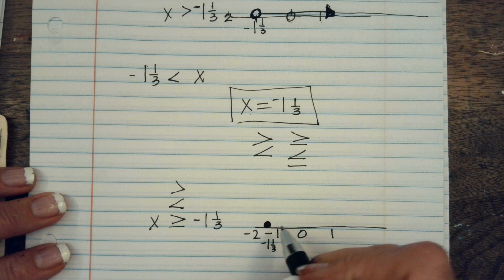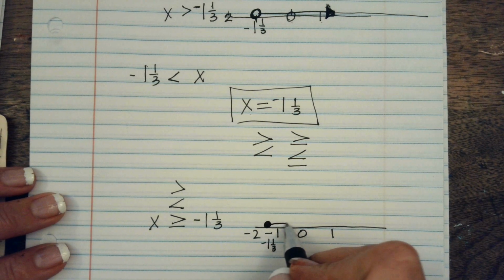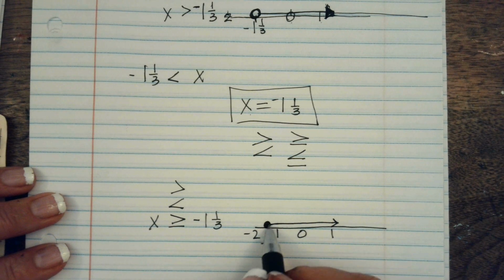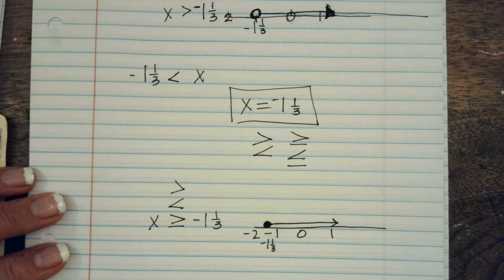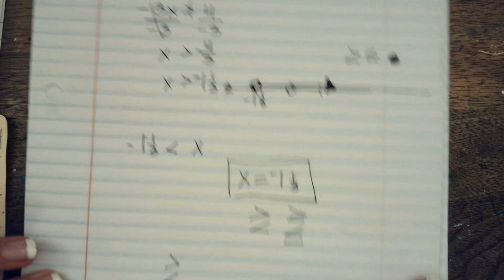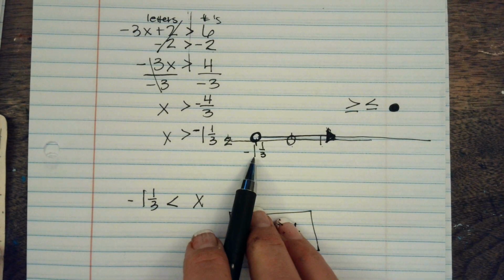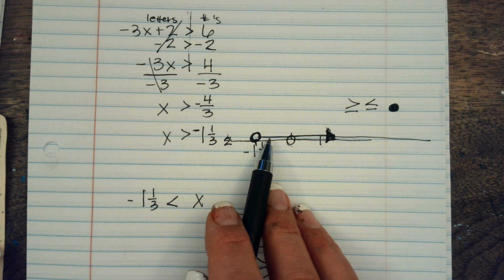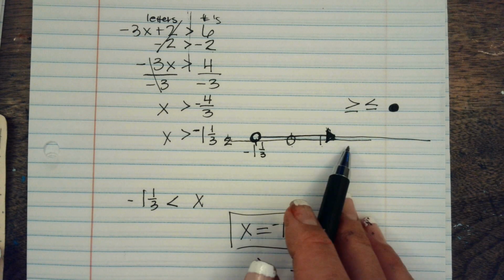And then we're going to do our arrow. So our arrow says that this number is included. That's why we close it off. It means that the answer could be negative 1 1/3. This one means it's more than negative 1 1/3. So that is not included in the answer, but it could be 1, it could be negative 1, it could be 0, it could be 20.